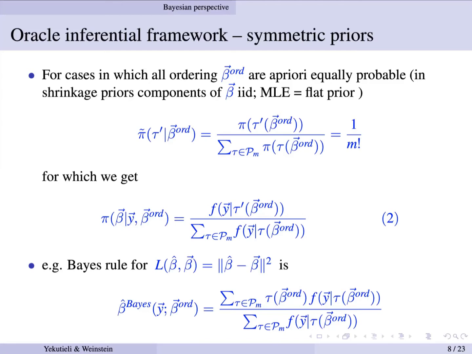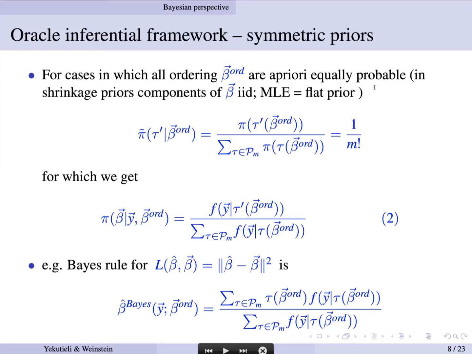To be on the safe side, notice that in all the shrinkage priors, the components of beta are a priori IID, which means they're independent. So in all the shrinkage priors, we assume the beta components are symmetric. When we think about the MLE, you could think of using a flat prior, which is also symmetric and IID, even more so.